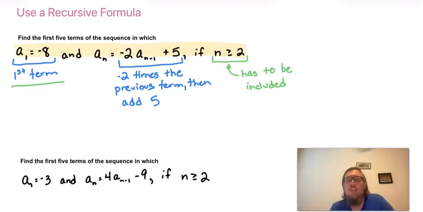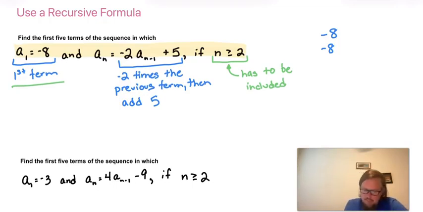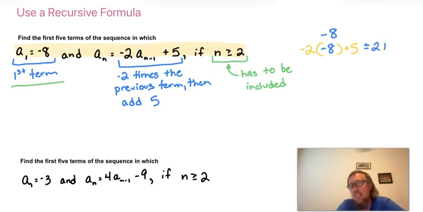Okay, so we're going to find the first five terms in this sequence, and the first one's really easy. The problem gives it to us. It's -8. There's our first term. Now our second term is found by taking that first term, which is -8, and applying this -2 and plus 5 to it. So we're going to do -2 times -8 plus 5, and -2 times -8 is 16, and 16 plus 5 is 21, so our second term is 21.